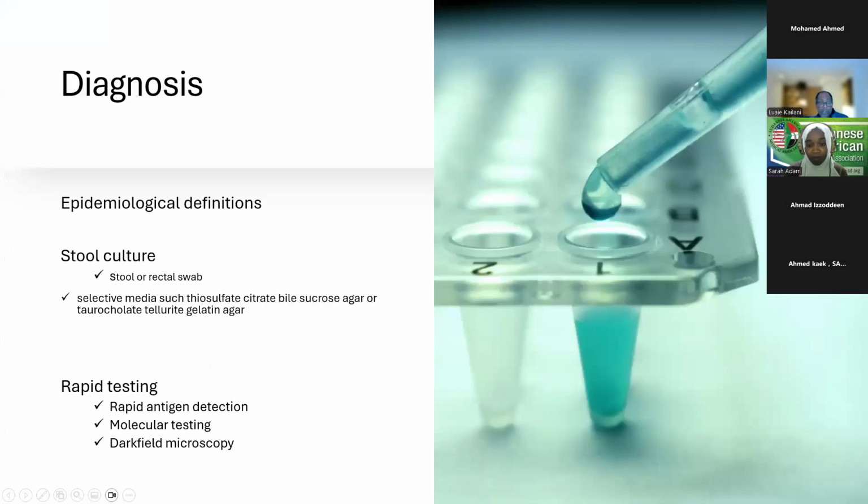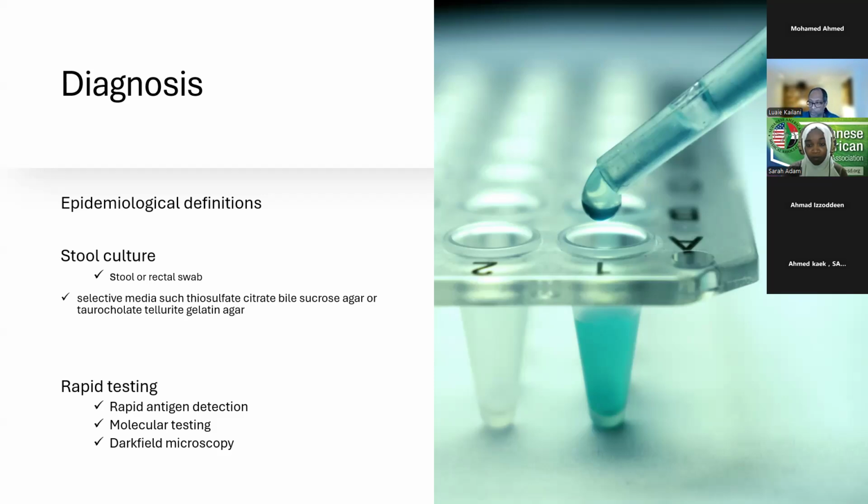So, the diagnosis of cholera has two ways of looking at it. From an epidemiological perspective, if you have an outbreak of cholera which is announced, then it's easy, because every patient who comes with acute watery diarrhea, you think of cholera until proven otherwise.